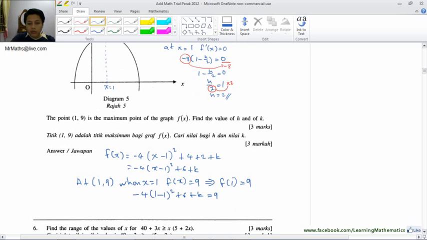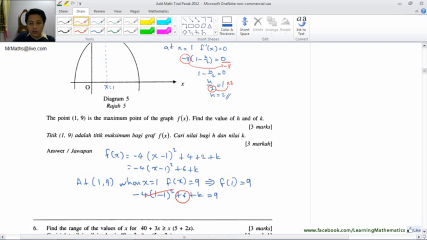As usual, we don't have enough space, but 1 minus 1 is 0, multiplied with minus 4 becomes 0. And then 6 plus k, let's move plus 6 over to the right hand side.